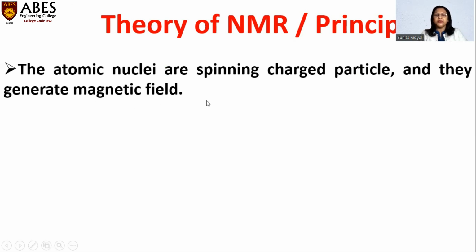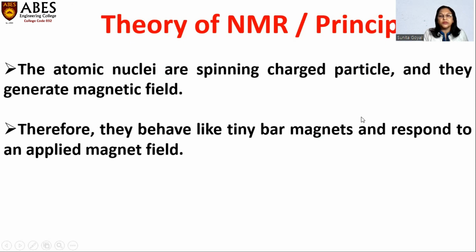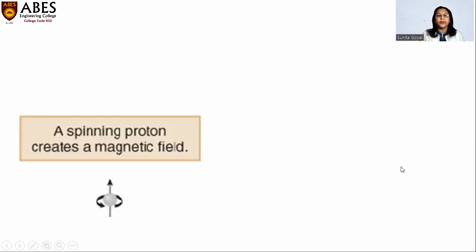Therefore, a magnetic field is there around a spinning charged particle, the proton or the nucleus of the hydrogen atom. Therefore, these nuclei behave like tiny bar magnets as they are creating a magnetic field of their own. And when they are kept in an external or applied magnetic field, they respond to this field.